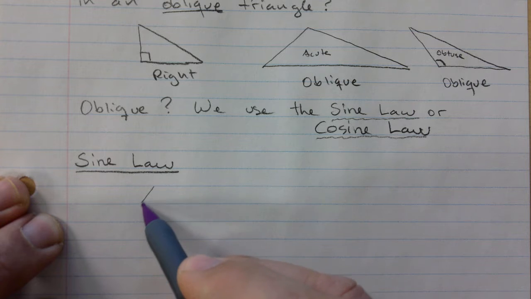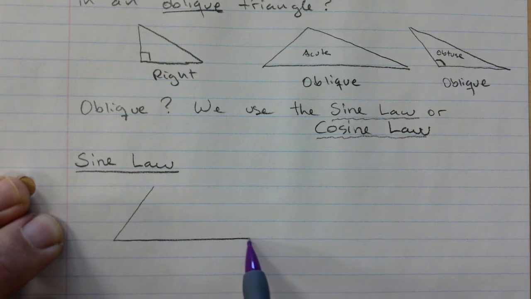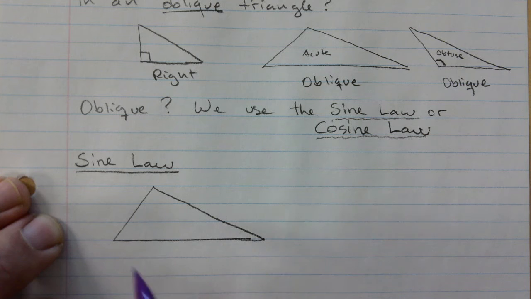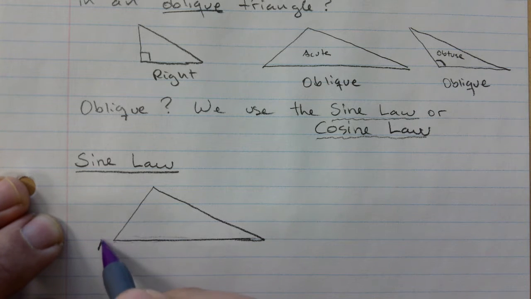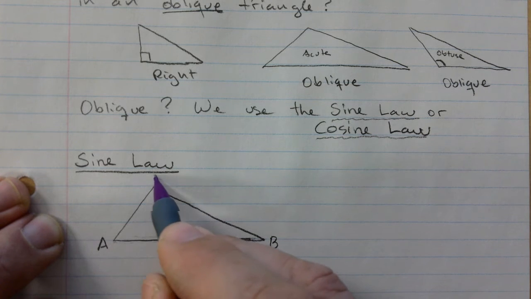If you are given a triangle like this, mind you, they won't always look like this, where you have the base properly lined up with the horizontal, but this is a good start. So you have A, B, and C.